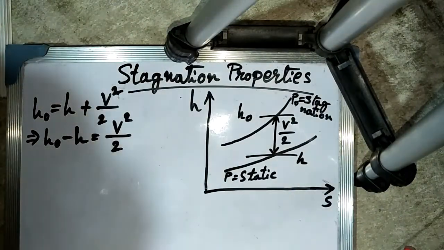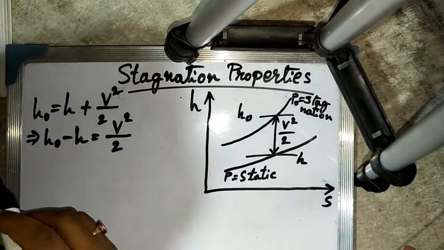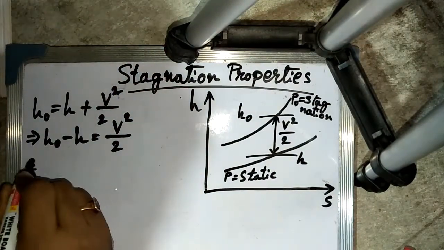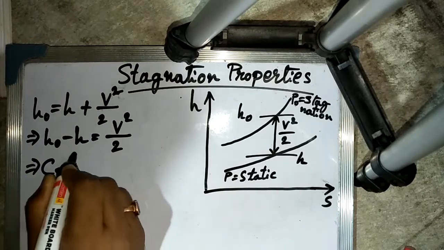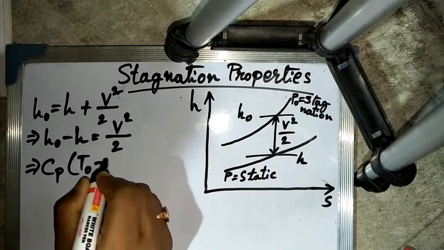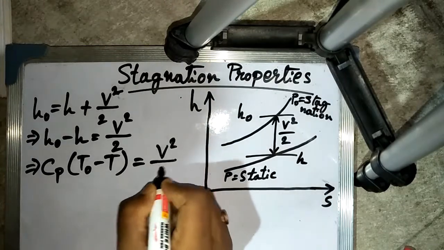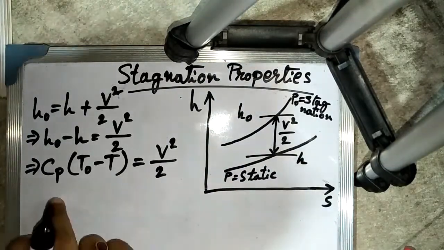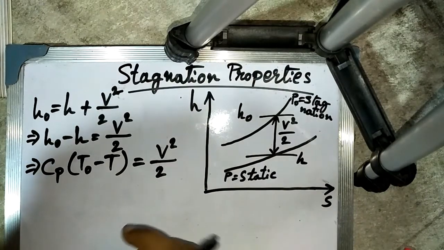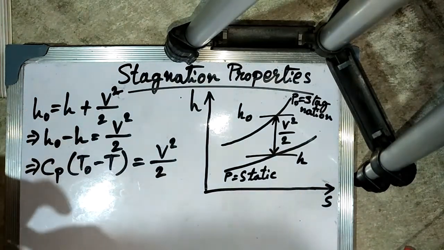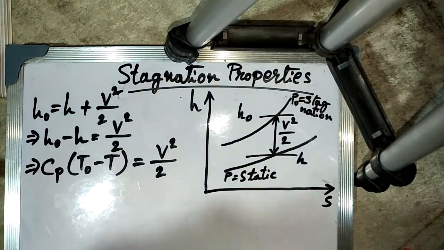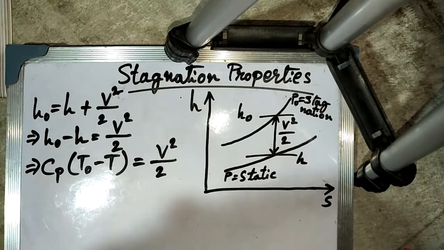In case of an ideal gas, we can write Cp into T0 minus T equals V square by 2. This is the basic equation that we have already learned, that dH is equal to Cp into dT.